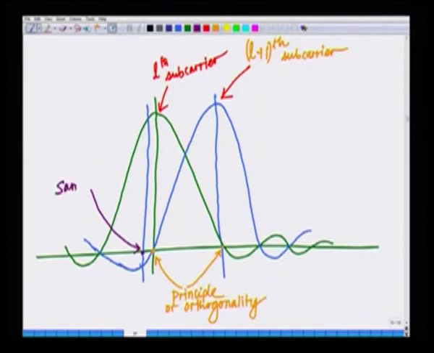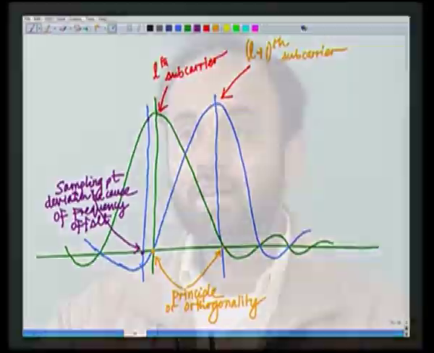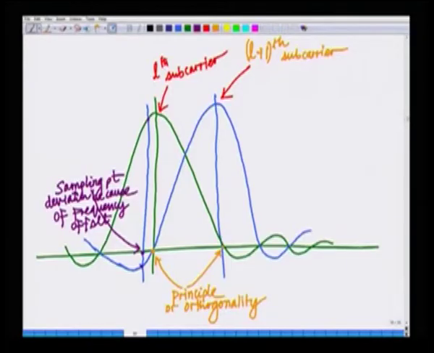This is the sampling point deviation because of the frequency offset, and as you can see now, when I sample here, the value of the desired subcarrier is lower, and more importantly there is interference from the adjacent subcarrier.